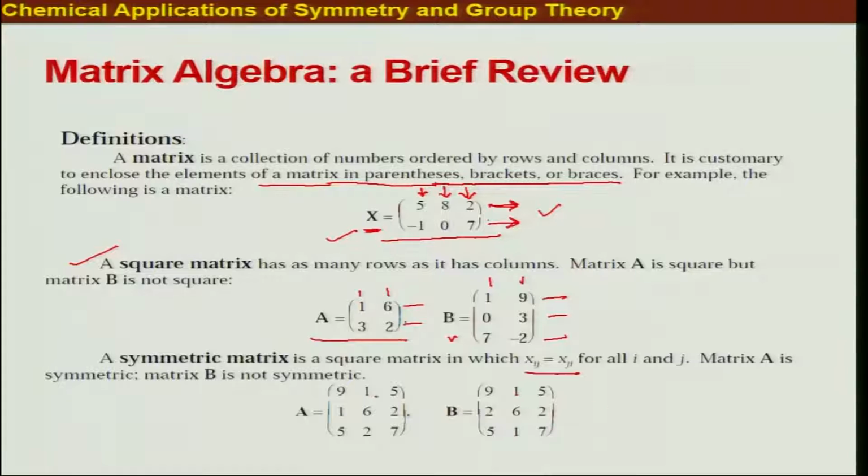So this A is an example of the symmetric matrix, while if you look at the B, then you will say this is not equal to this. Okay, so that means here I have 1 2, the element 1 2 is not the same as 2 1. Okay, but here this 1 2 is equal to 2 1, that is this one.